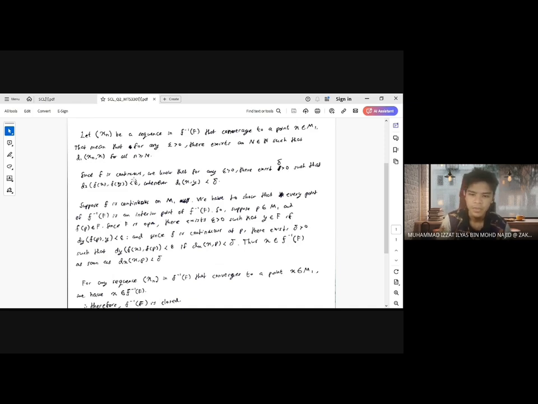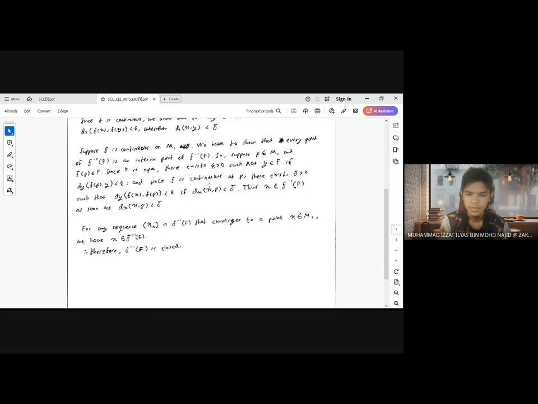Since f is continuous, we know that for any epsilon greater than 0, there exists delta greater than 0 such that d2(f(x), f(y)) is less than epsilon whenever d1(x, y) is less than delta.